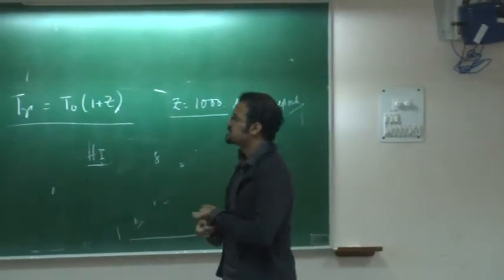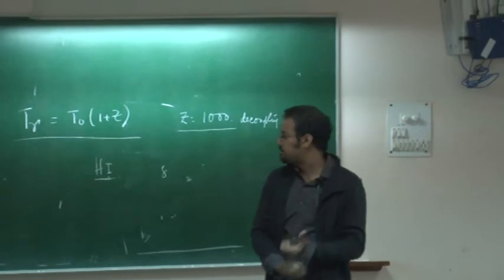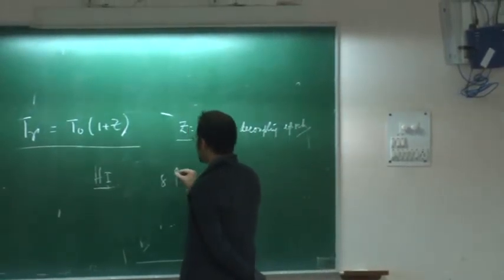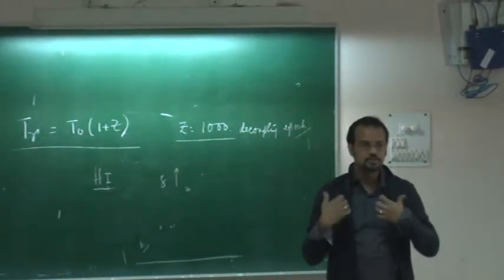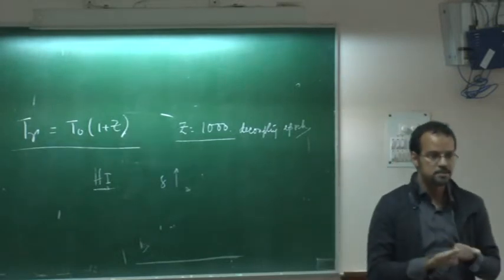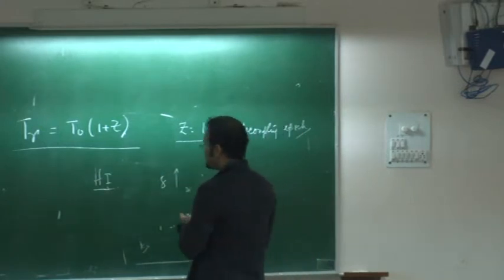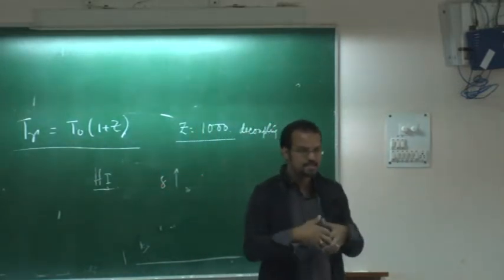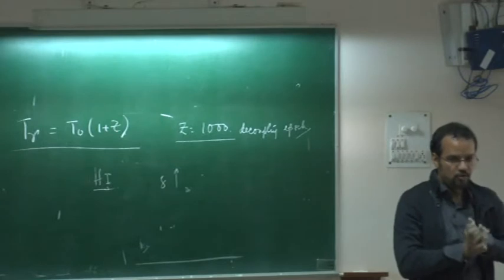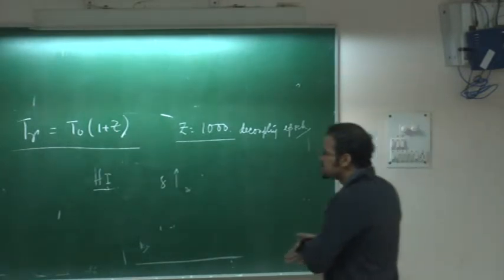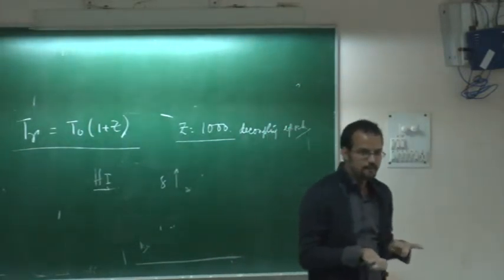What happens is, after a while, these deltas are growing, and after they have grown significantly, they start forming collapsed objects. The gas, this neutral hydrogen, starts falling into these halos, and the first stars start forming.